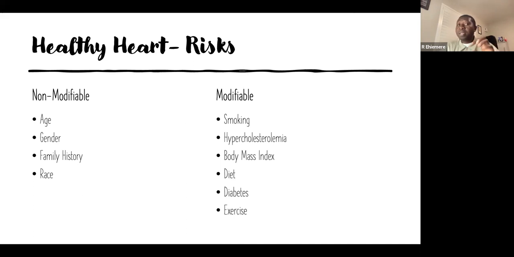I keep repeating that each time I mention body mass index: it's your weight in kilograms divided by your height squared in meters. Say I am now about 73, 74 kilograms, and my height is 1.7 meters.